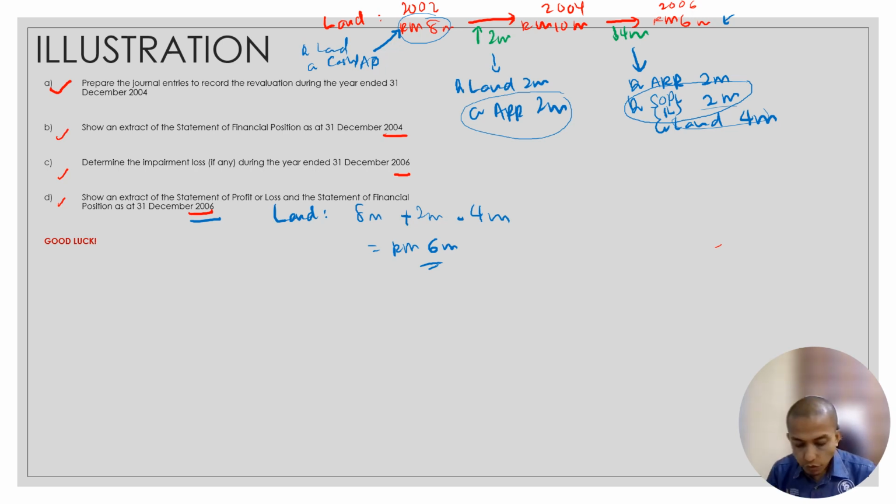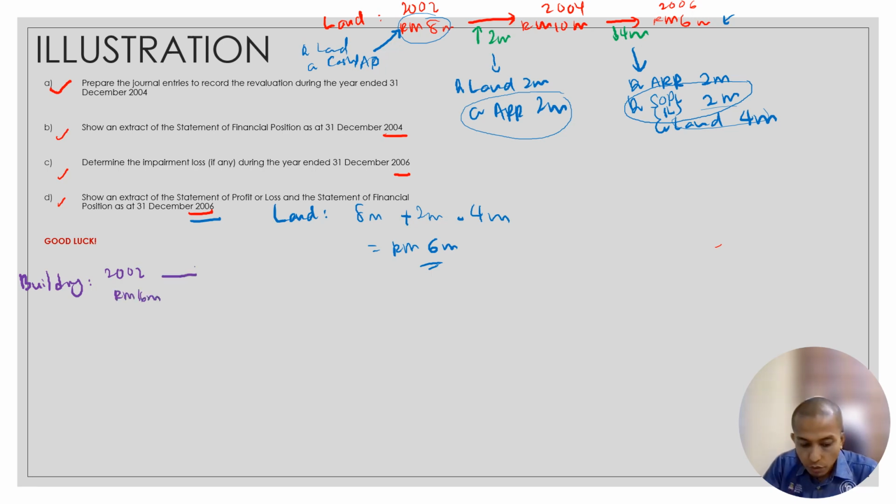Different story if we talk about building. Why is it different? Because building has a depreciation. When you have a depreciation, it is different. So we see from the perspective of building. In 2002, it is RM 16 million.